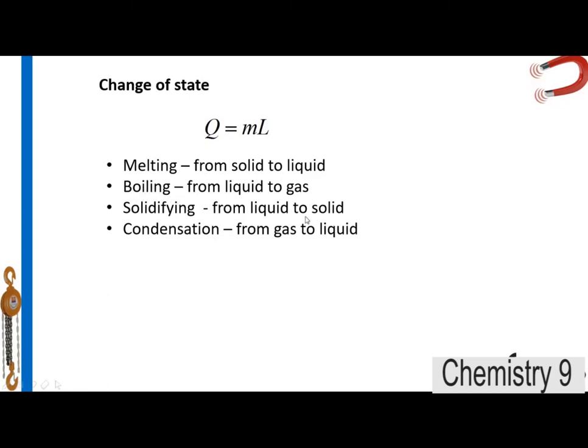And if we go from a liquid to a solid, that's referred to as the solidifying phase. And finally, from a gas to a liquid, that's regarded to be the condensation phase. So in other words, as you go from one phase to another, there is actually a change in the structure of the substances as they move from one phase to another.